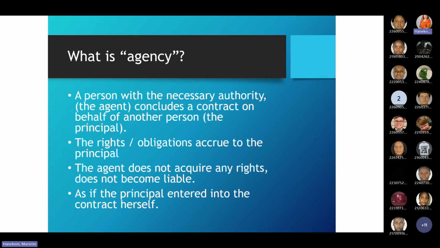He cannot be held liable. He is literally the go-between party. So the rights and duties that arise from this contract will be between the third party and the principal, as if the principal personally entered into this contract.